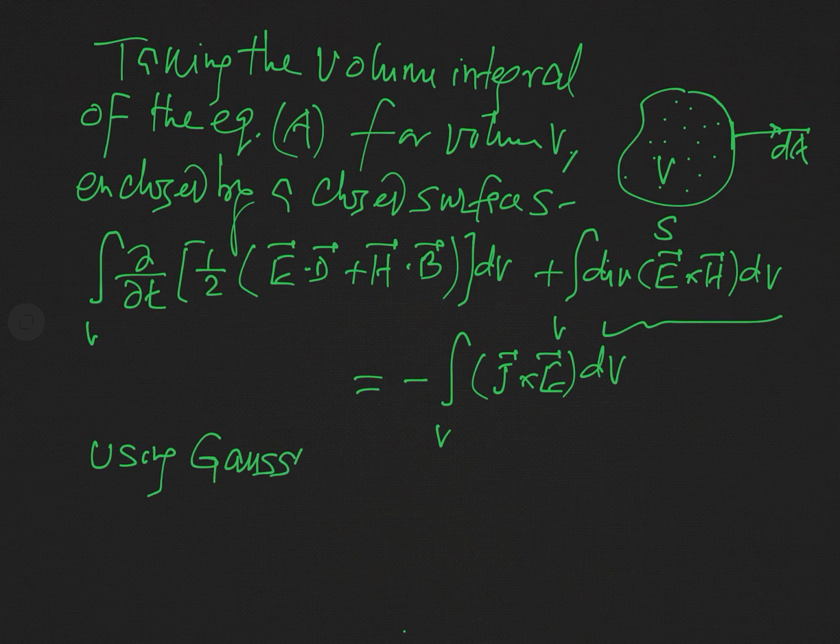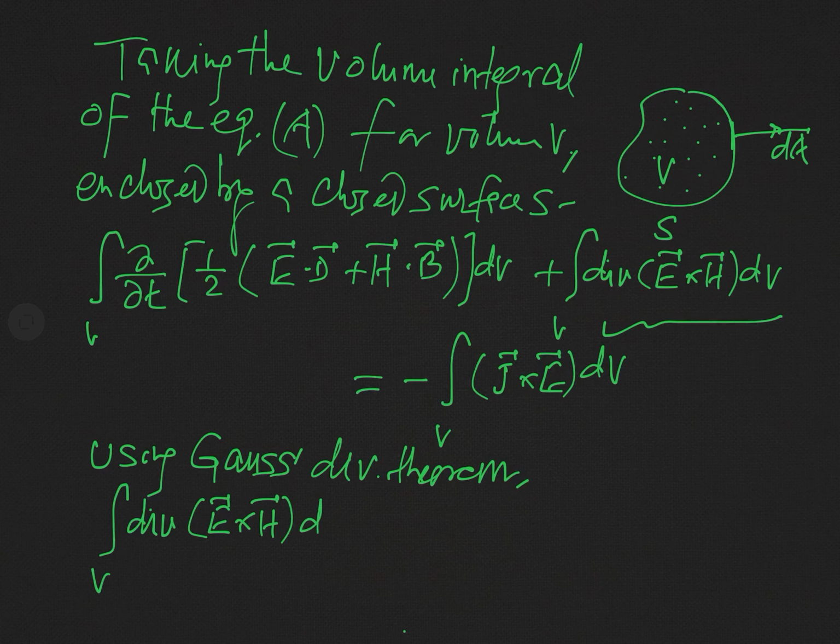So using Gauss's divergence theorem, we can write that integral over V of divergence of E cross H dV, in accordance with this theorem, will be actually equal to integral over the closed surface S of vector E cross H dot dA.